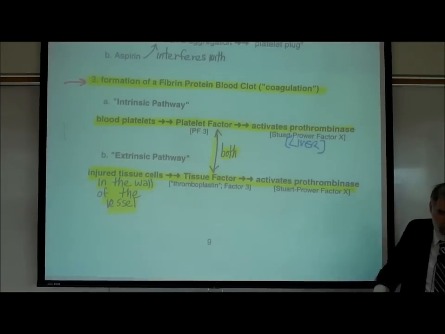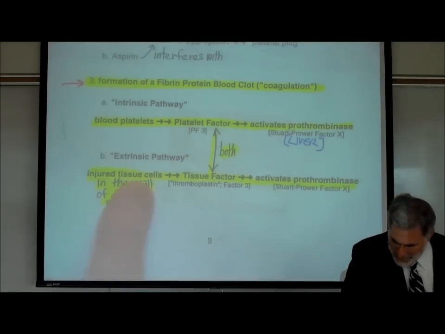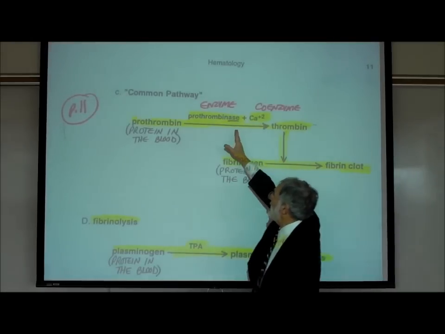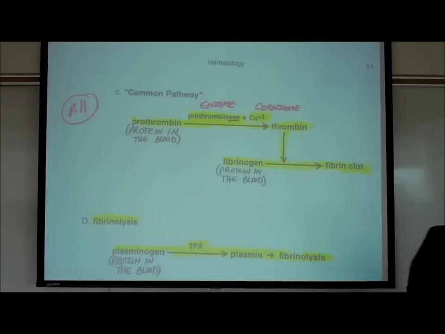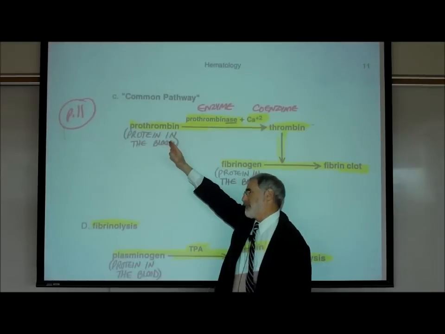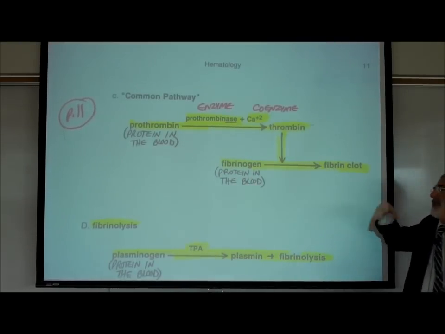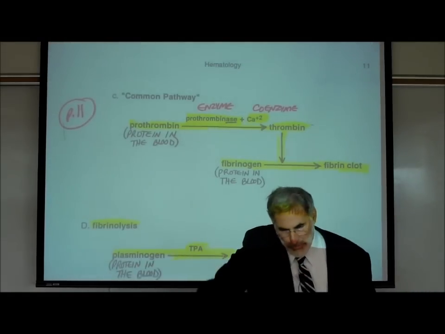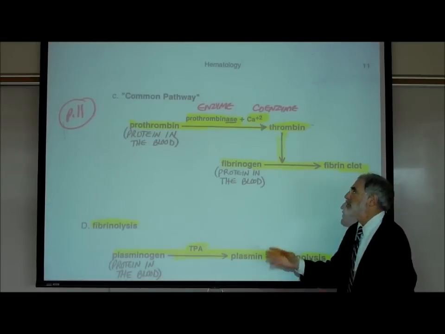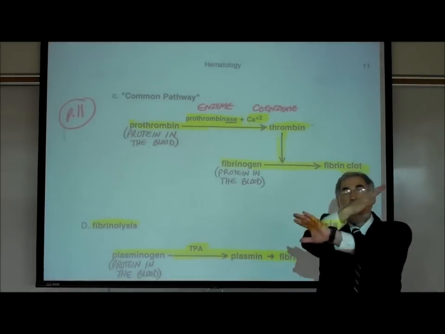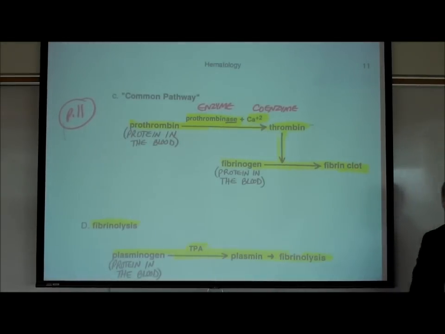Both activate prothrombinase, and on page 11, the common pathway is once prothrombinase has been activated, it, along with the calcium-active coenzyme, converts the protein in our blood called prothrombin into thrombin, and thrombin finally causes the conversion of a soluble protein in our blood plasma. It causes it to solidify, to precipitate, and form this fibrin strand, this fibrin clot.